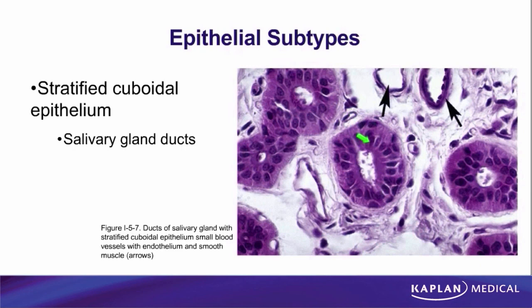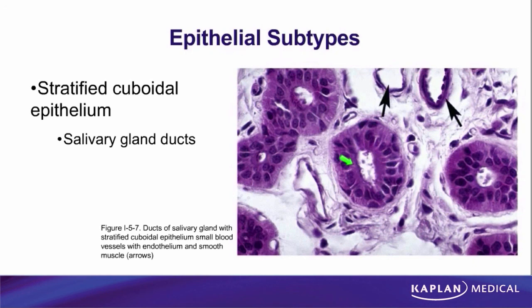So this is a stratified cuboidal epithelium. And stratified cuboidal epithelium is an epithelium that we tend to find in ducts, gland ducts. So it could be salivary glands, as this is. It could be mammary glands. It could be sebaceous glands. Okay, so it's the ducts of glands tend to have stratified cuboidal epithelium.